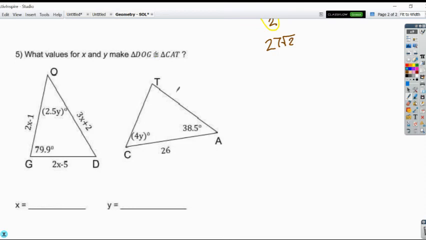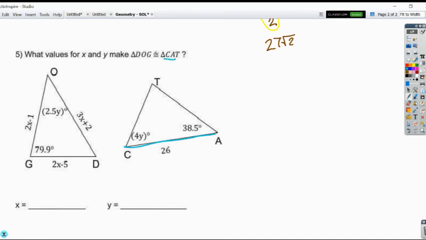So I see my x's are all available as side length measurements on DOG. Please recall that there is no standard sum for side lengths in a triangle. It's only the angles that have that set sum of 180 degrees. What I have to do with my side lengths is compare it to the only other side length that I know at 26, which is segment CA.